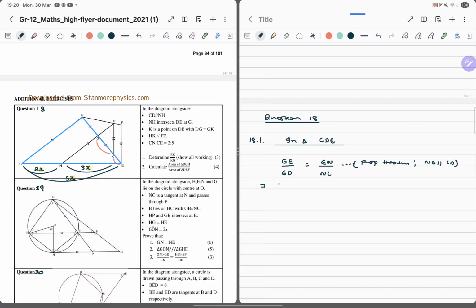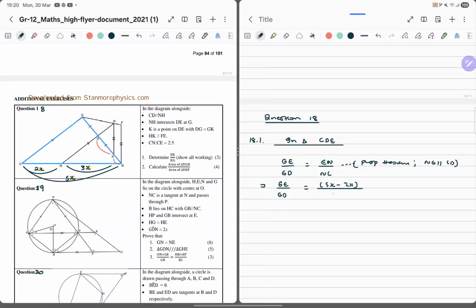So this implies that GE over GD is going to be equal to, now EN is going to be basically 5x minus 2x. Of course, guys, you annotate the sketches. You are always provided the sketches. Here we don't explain anything. We just go.